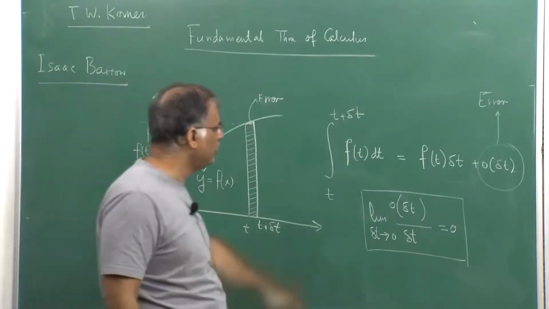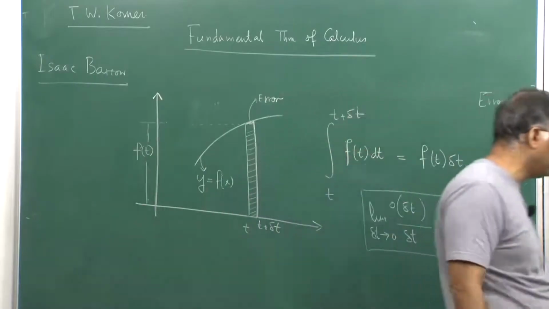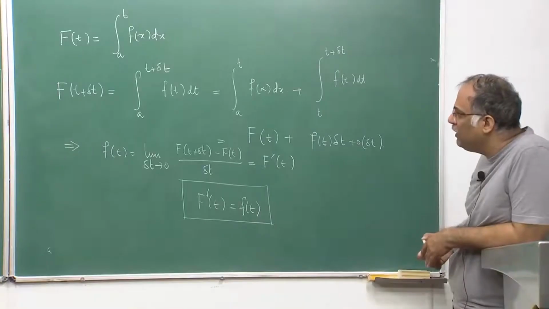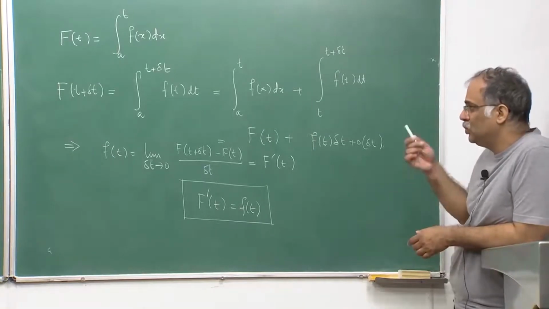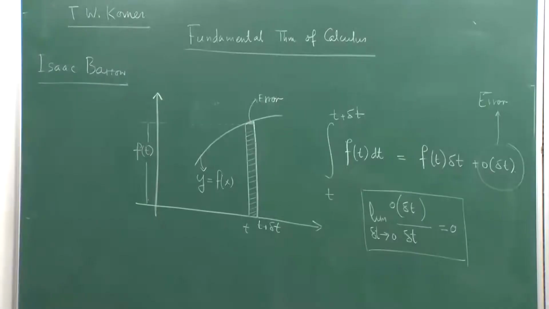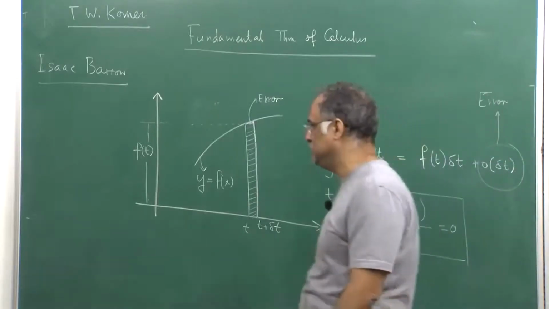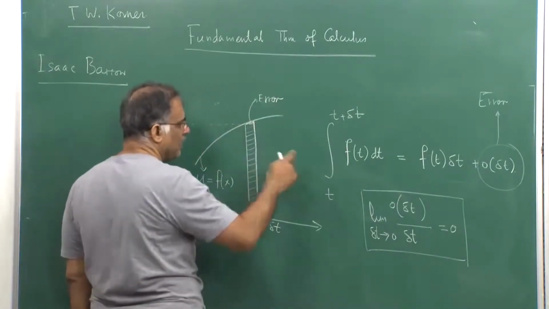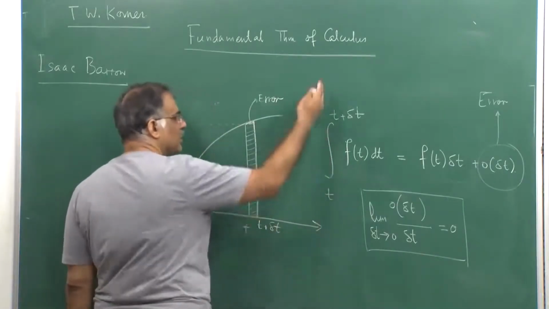Now you might say, okay, you have drawn it for delta t and written it down, what about minus delta t? You need to convince yourself about that. I will write in the notes why this is true for any delta t, it does not matter what the delta t is. If delta t is negative, then t to t minus delta t simply means minus of t minus delta t to t.